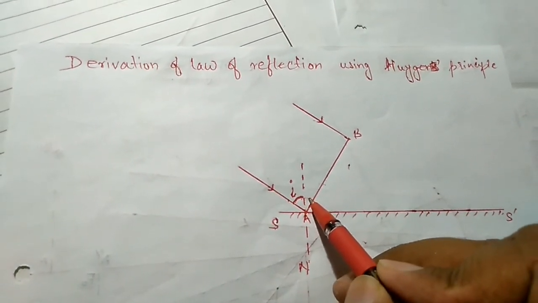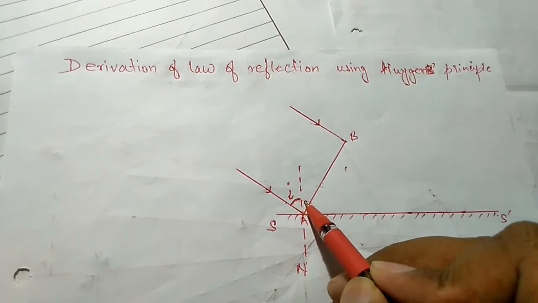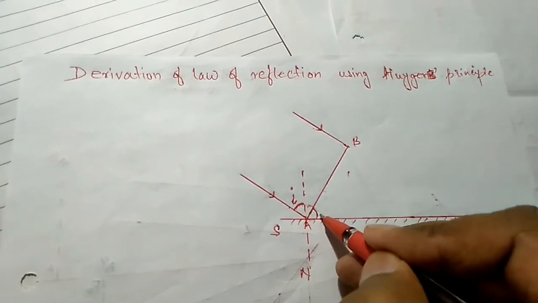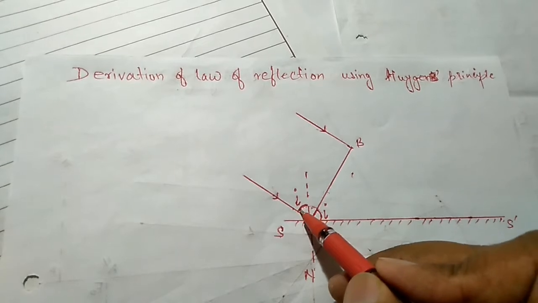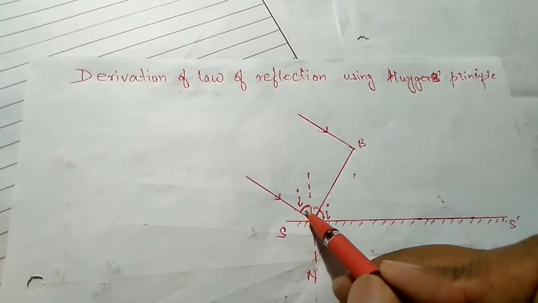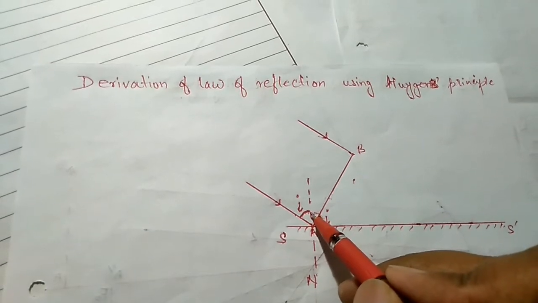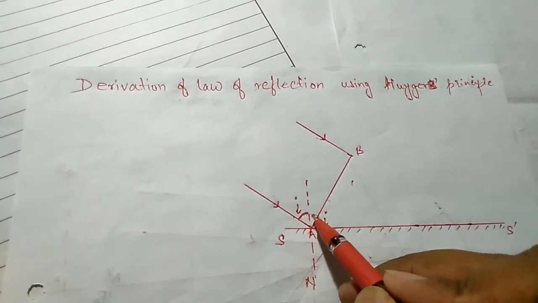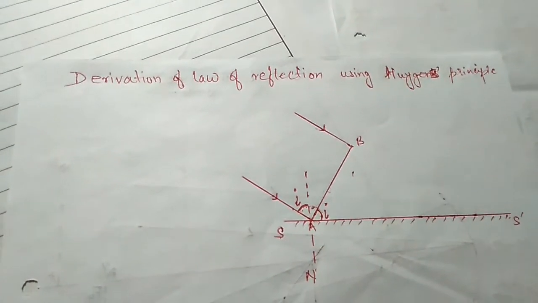This one is common. So this plus this is 90, and this plus this will also be 90, and this one is common here and here. So this angle will also be equal to angle i. Again, listen, from here to here it is 90, and from here to here also it is 90. This one is common, so this plus this is 90. Same way this plus this will be 90. So this one is what? Angle i, and this one is the common angle.